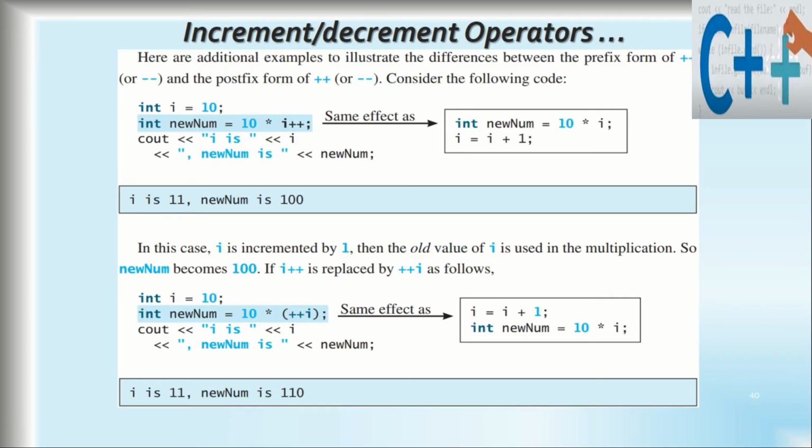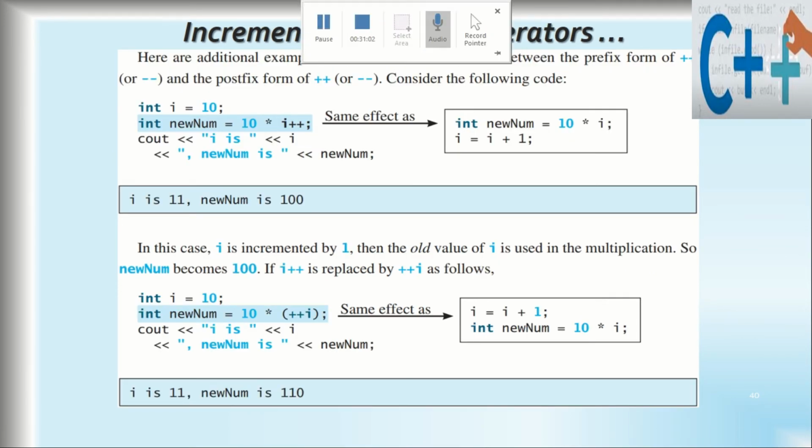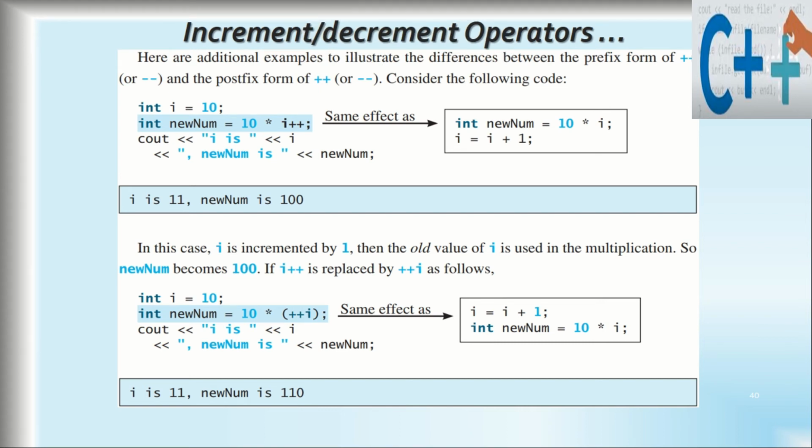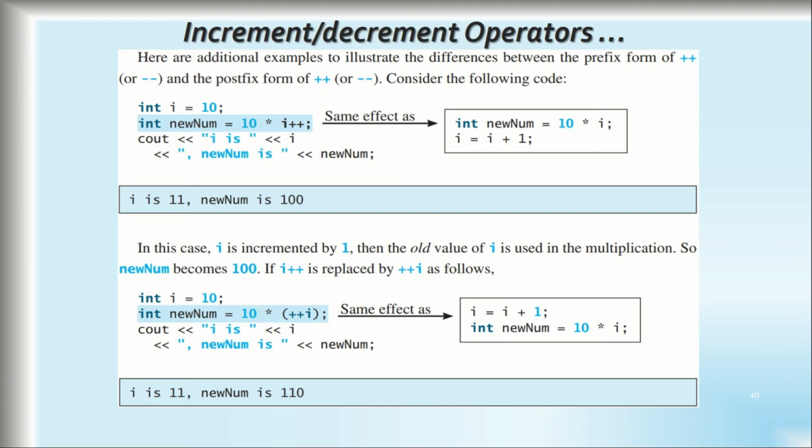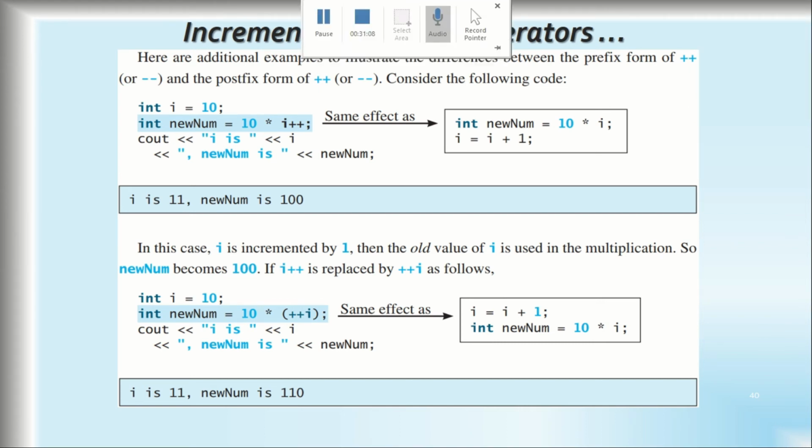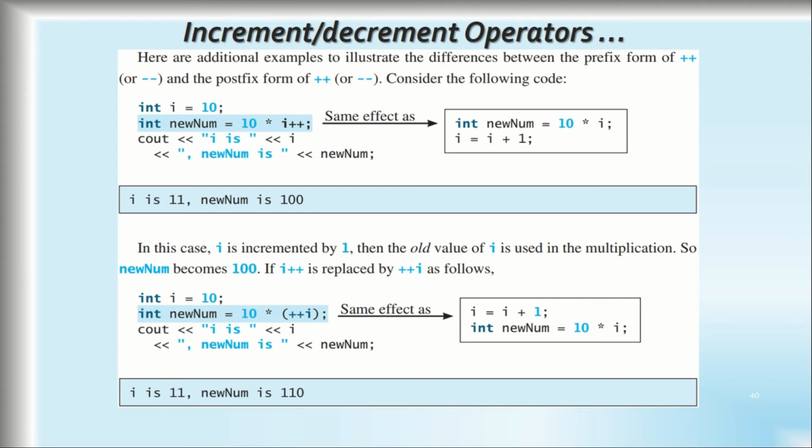Good. Then the next one is the increment decrement operator. Here are additional examples to illustrate the difference between the prefix form of ++ or -- and the postfix form of ++ or --. Consider the following code: int i = 10; int num = 10 * i++; cout i is i, num is num.